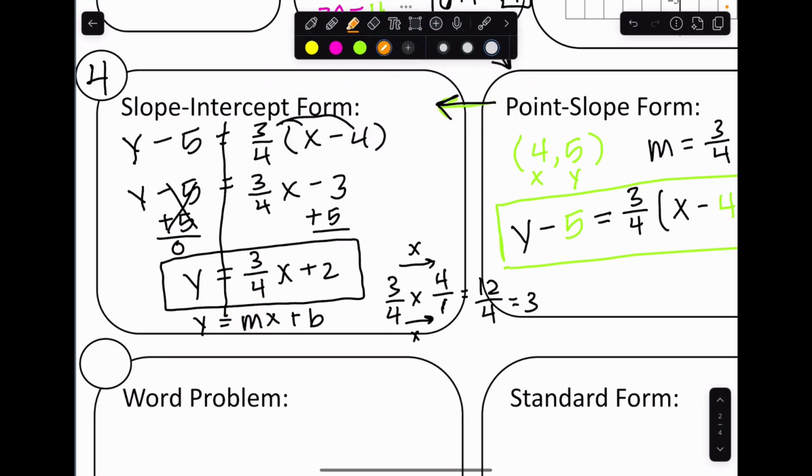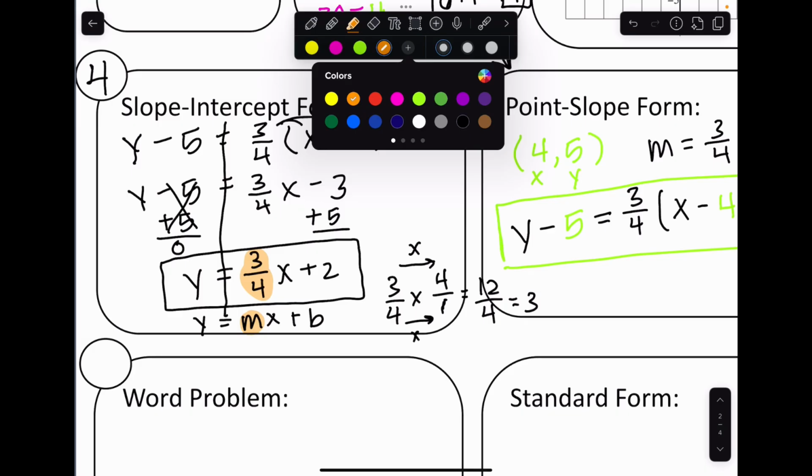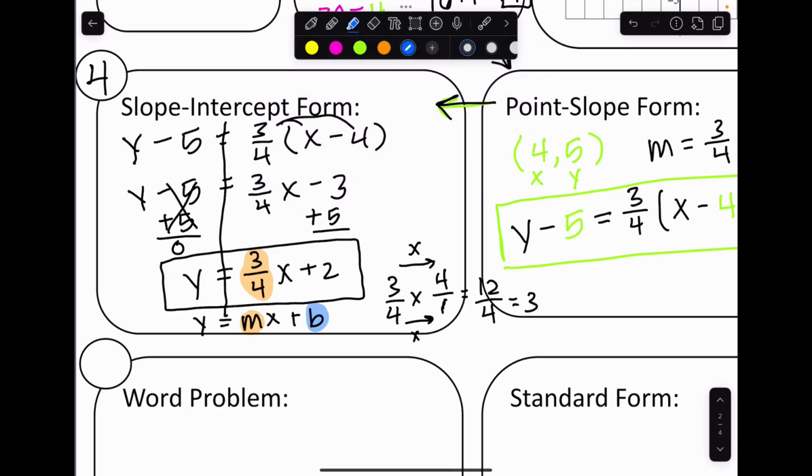Our m is our 3/4, which leaves our b as 2. Okay, so now we have our slope-intercept form.